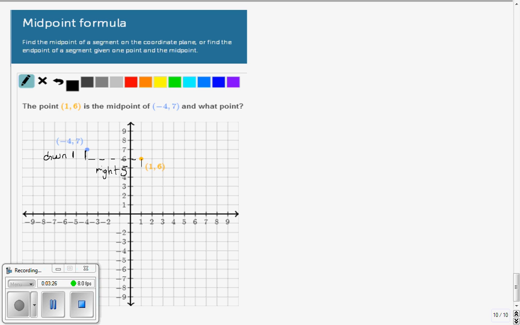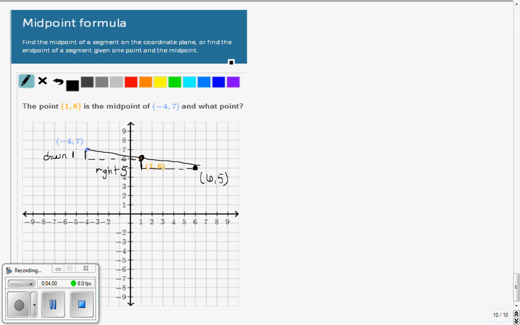So if I go down 1, and then I go right 5, 1, 2, 3, 4, 5, this point right here, (6, 5), should be my other endpoint. Because I can see that if I drew a line, (1, 6) would be the exact middle between (6, 5) and (-4, 7).